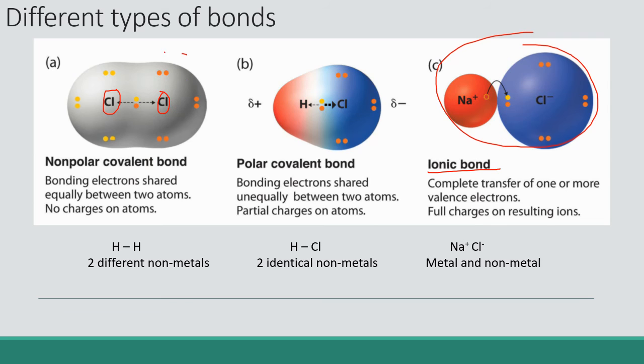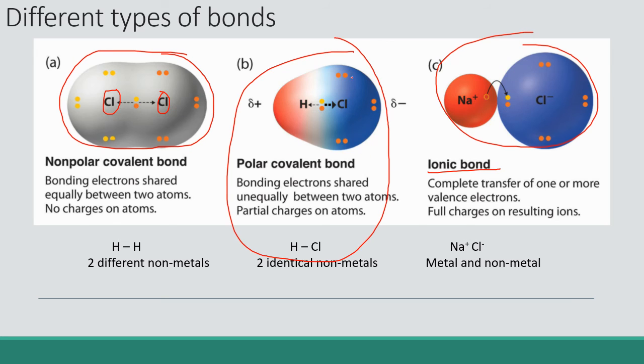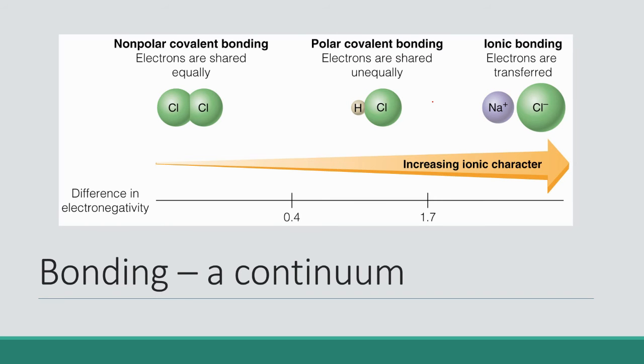But non-polar covalent bonds is equal sharing, whereas polar covalent bonds are between non-identical, different nonmetals, and so they unequally share the electrons, and you end up with a partial charge, slightly positive or slightly negative. So you end up with this continuum of bonding. You've got non-polar covalent bonding at this end through to polar covalent bonding and ionic bonding at this end.